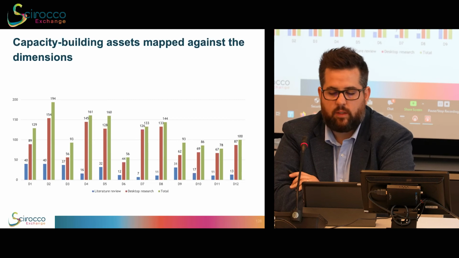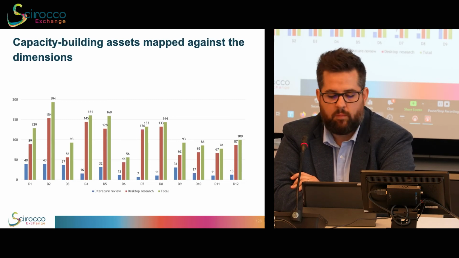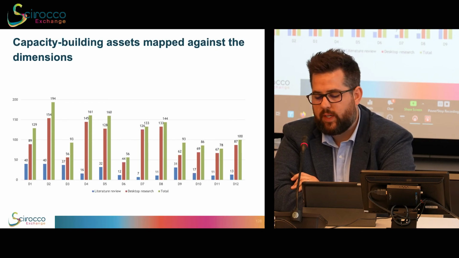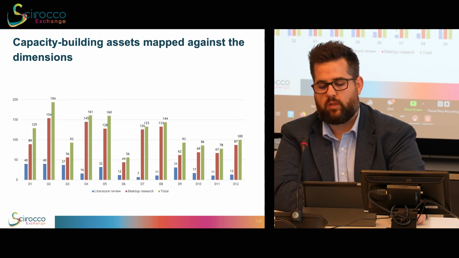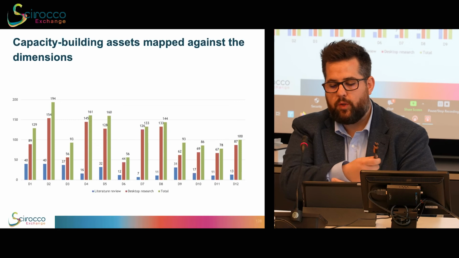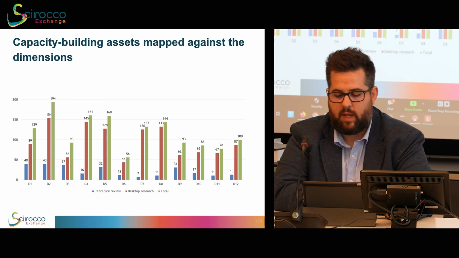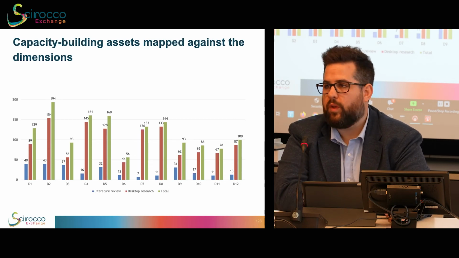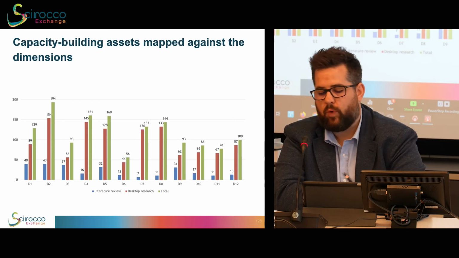On average, 119 per dimension, ranging from 194 in the case of the structure and governance dimension to 56 in the case of the removal of inhibitors dimension. So we can conclude that although there was not huge variation between the assets linked to each dimension, there were two distinct groups: 7 dimensions with more than 100 assets mapped, and 5 with less than 100.